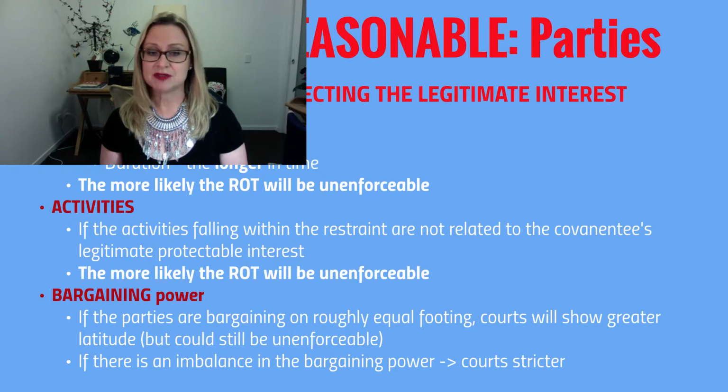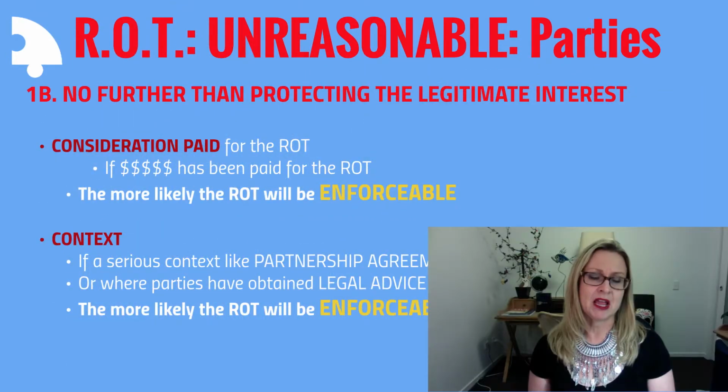Activities: if the activities falling within the restraint are not related to the covenantee's legitimate protectable interest, like we saw in Nordenfelt, the more likely the restraint will be struck down. Bargaining power also, as I said, particularly in relation to employer-employee contracts. If the parties are not bargaining on equal footing, then the court's going to take a more strict approach there.